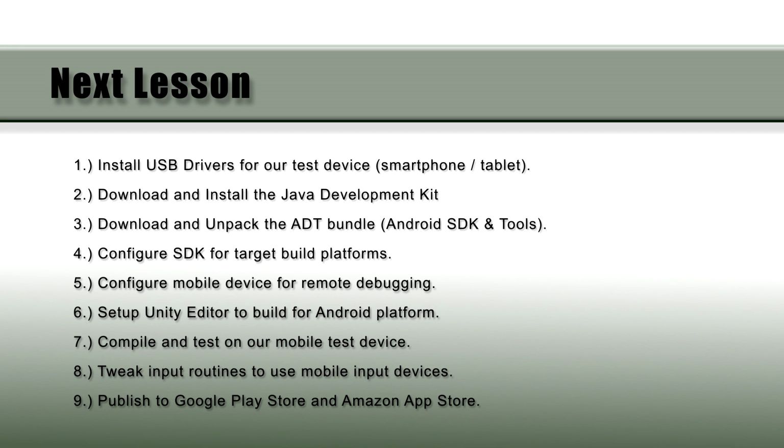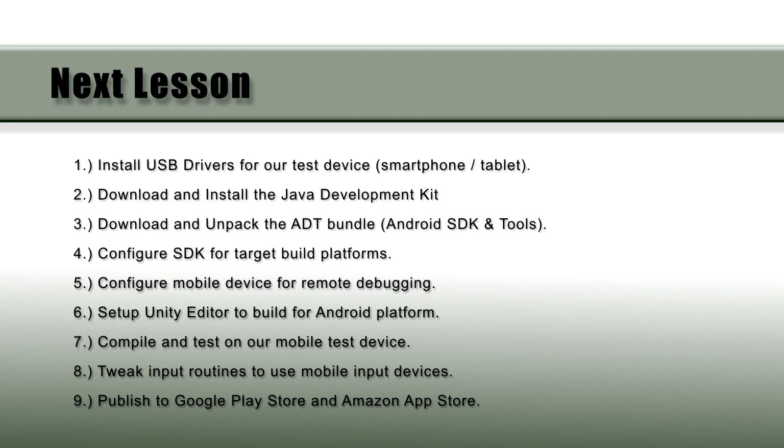So on the screen now I'm going to show you the steps that we need to take and the order in which we need to execute them, and that's what we're going to be covering over this series of videos. Please note that in this video I will be showing examples of setting up everything on a Windows operating system, so if you're developing on Mac OS X or Linux, please be sure to download the appropriate versions of the software and tools for your platform.